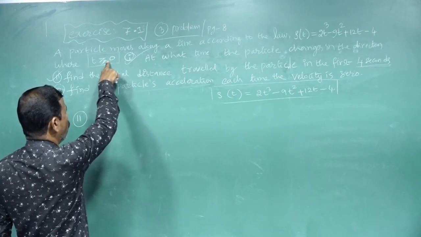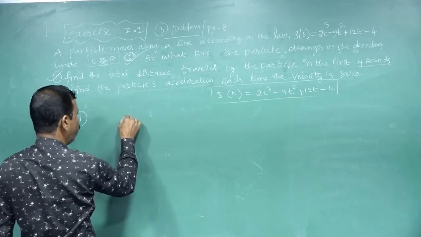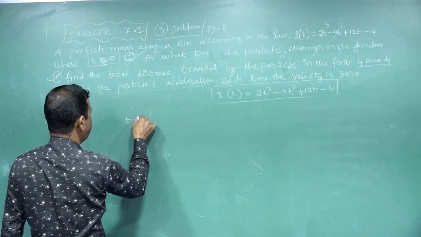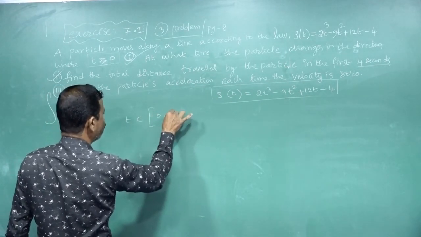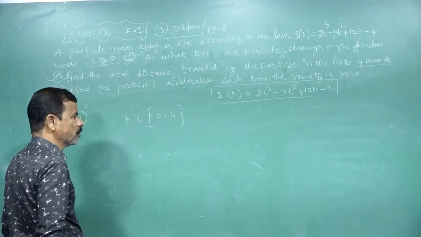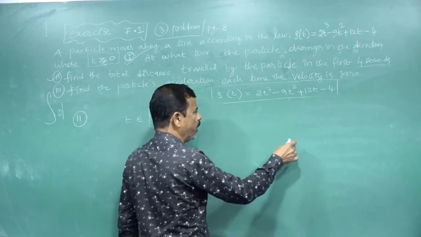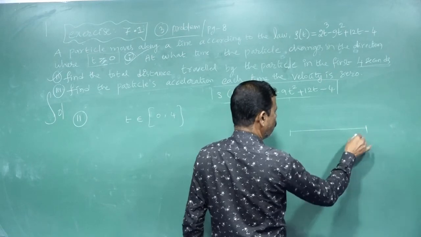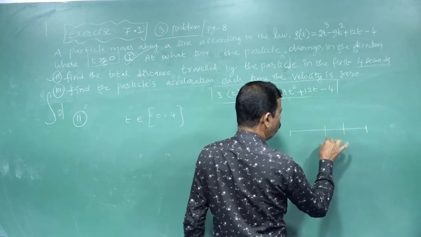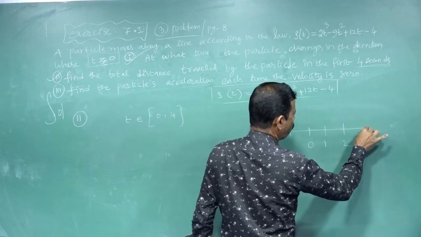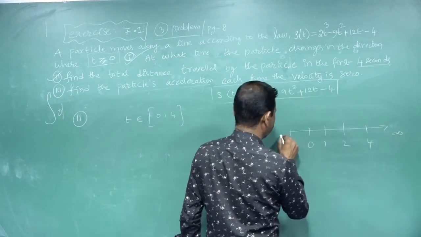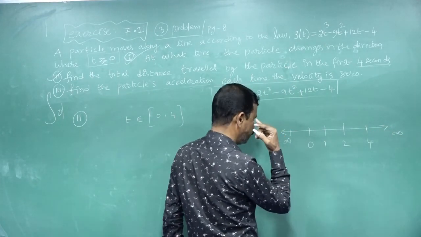So t belongs to 0 to 4. And on the real line, 1, 2, this is 0, this is 4, up to infinity, this is minus infinity.